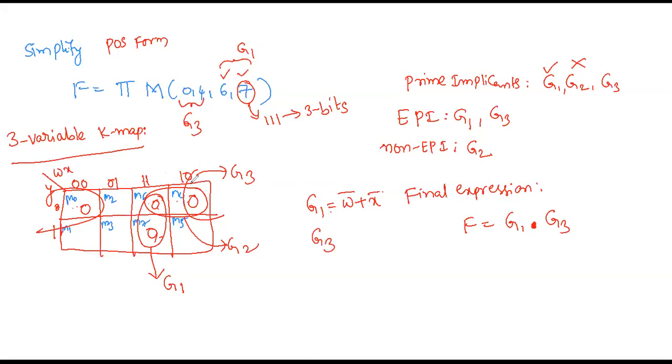G3. Okay. W is changing 0 to 1. Don't write. X is 0, 0 only. X is 0. 0 is indicated with variable. Y is also 0. So X plus Y. So F is equal to W bar plus X bar into X plus Y.